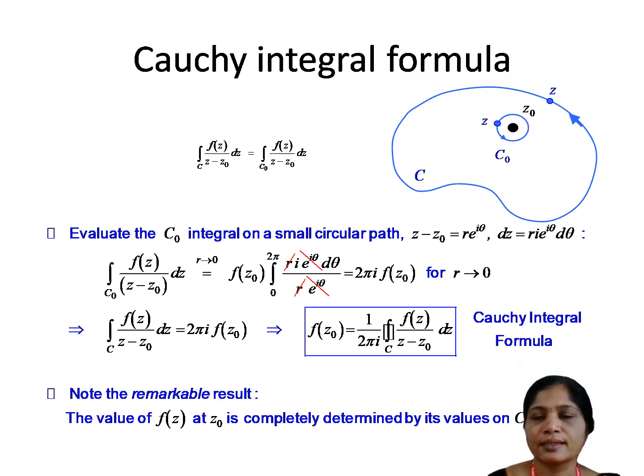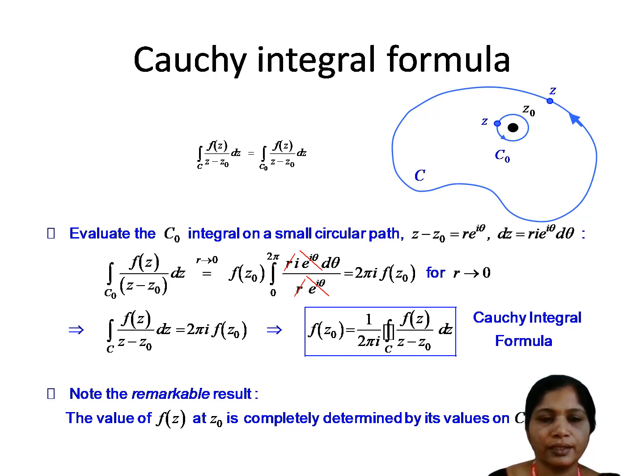Consider the small circle C₀, which lies inside the circle C. Here z₀ is any point that lies inside the circle. So consider z minus z₀ is equal to R e^(iθ). Differentiating this, we get dz is equal to R i e^(iθ) dθ.